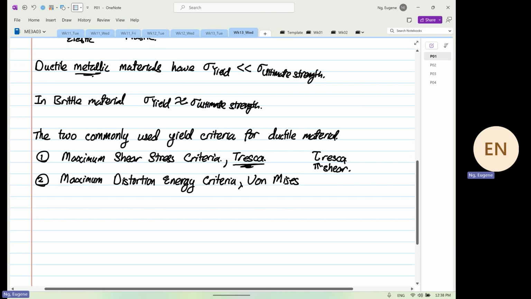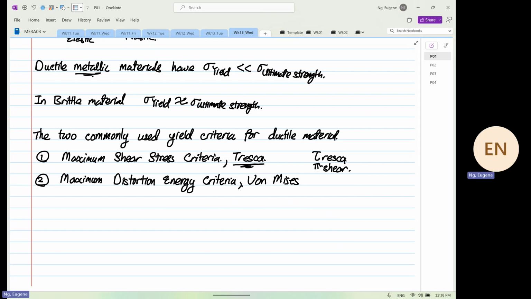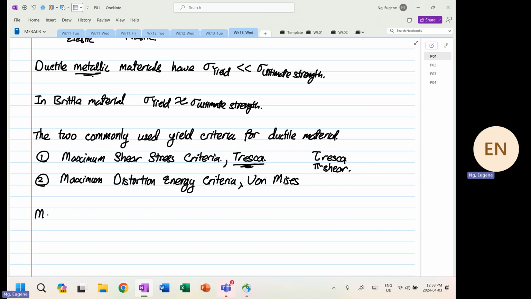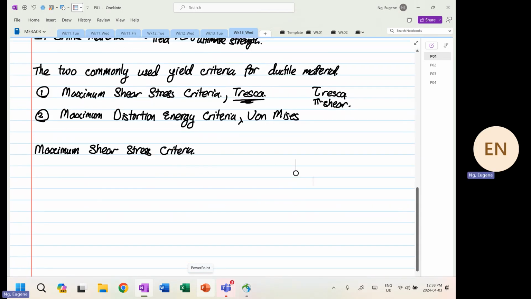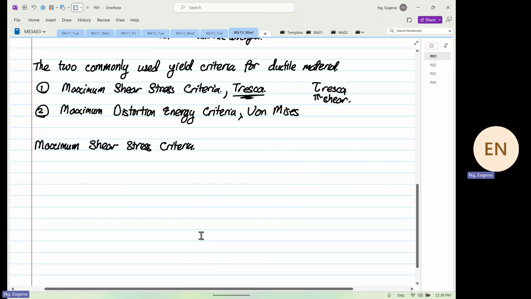But first of all, for today and on Friday, we are going to focus on the maximum shear stress criteria. And we have unconsciously used this before. I'll repeat again, we have unconsciously used this before.